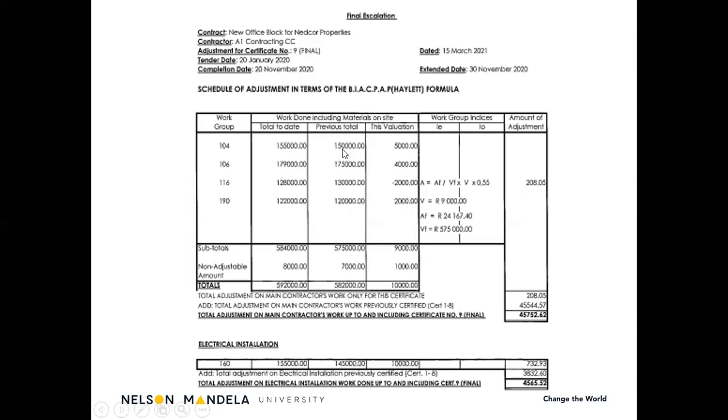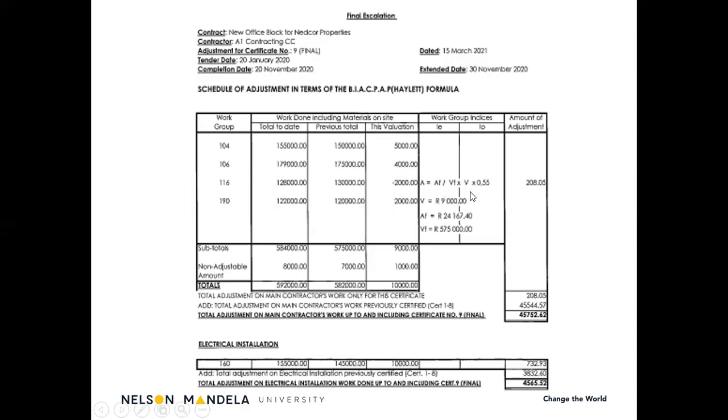You've paid certificate 8, so there's the amount outstanding. So the V amount, which is now subject to escalation, is the 9,000 Rand. So AF divided by VF times it by V, we still have to pay the contractor 9,000 subject to escalation. We'll pay him the 1,000, so he'll receive the 10,000, but we're only giving escalation on the 9,000 Rand only.